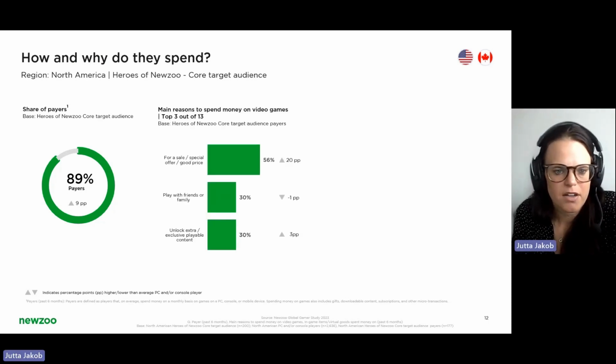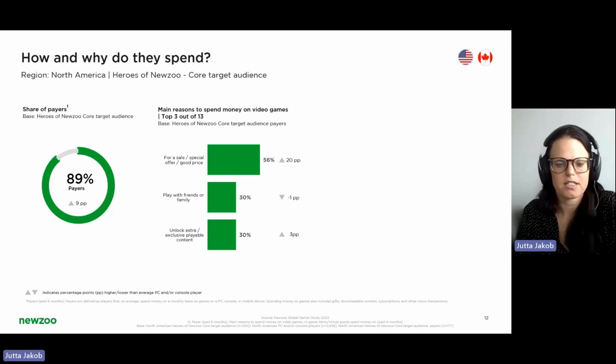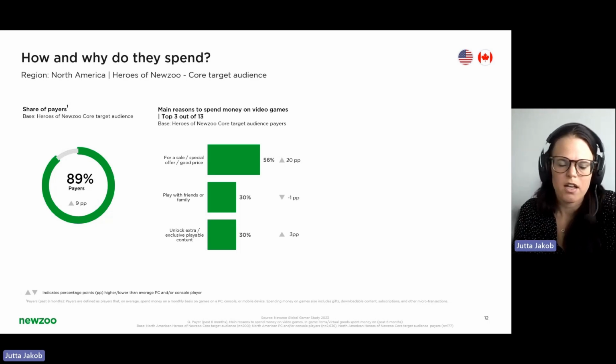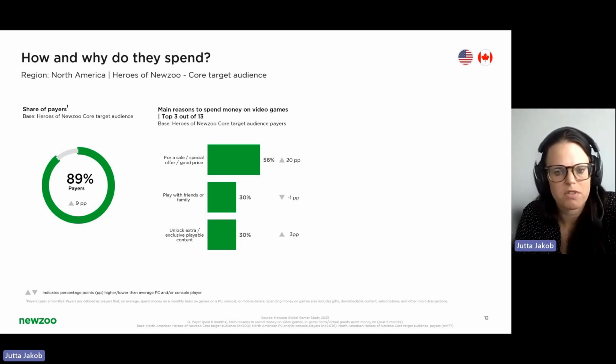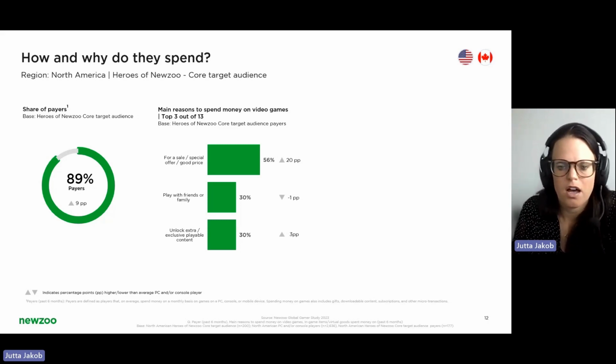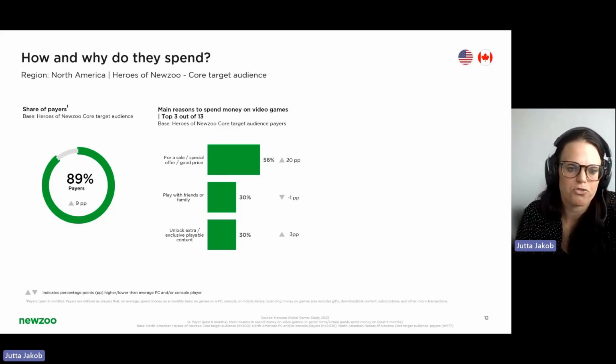Another aspect is understanding their motivations to spend. Among the top 3 reasons, our core target group over-indexes for spending on video games or related purchases during sales or special offers. This is very valuable information as we could consider to promote the game or in-game purchases through discounted sales or special offers.